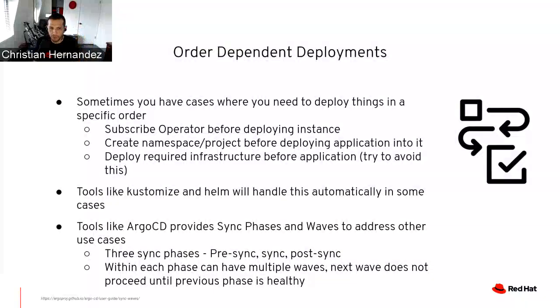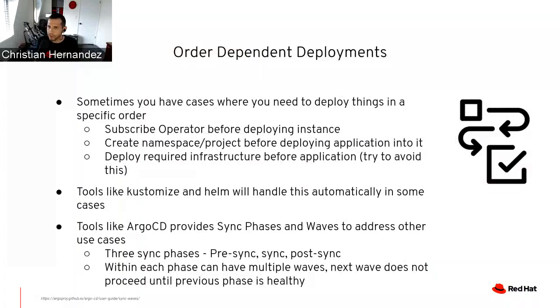And then within each phase, I'm breaking it down even further. The pre-sync, for example, has waves. It's more like ordering. You're basically saying, in this phase, I want the namespace to be created first.